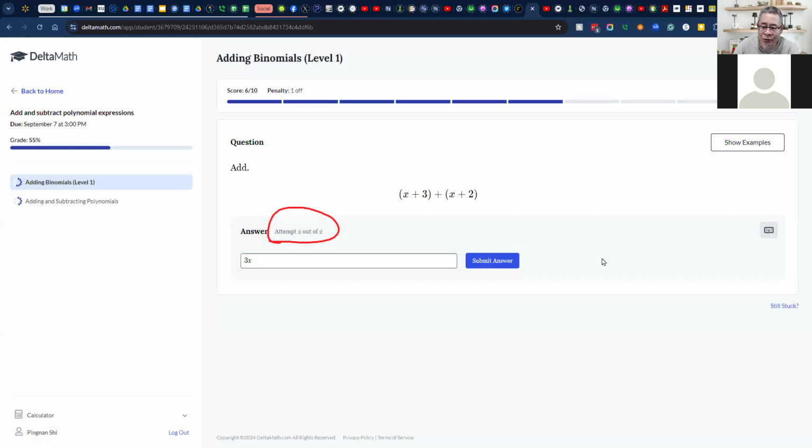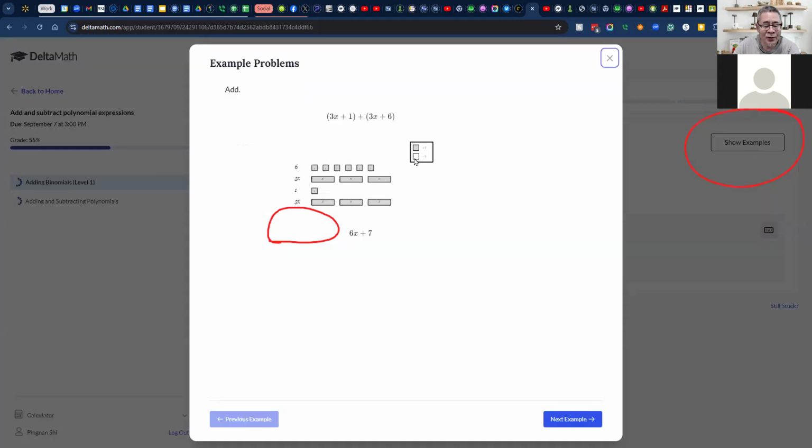If you're not quite sure, you can see here there's show examples. So say, okay, I'm not sure how to do it, but I can look at an example and click that. See, there's an example here, 3x plus 1 plus 3x plus 6. How many x? 6x. Then 1 plus 6 is 7. Okay, now I got it.